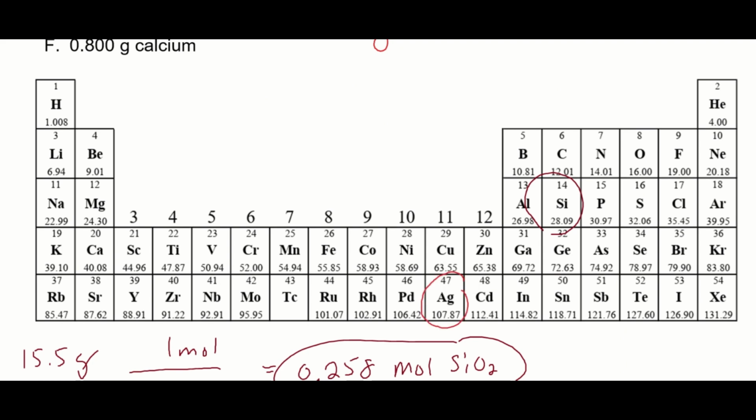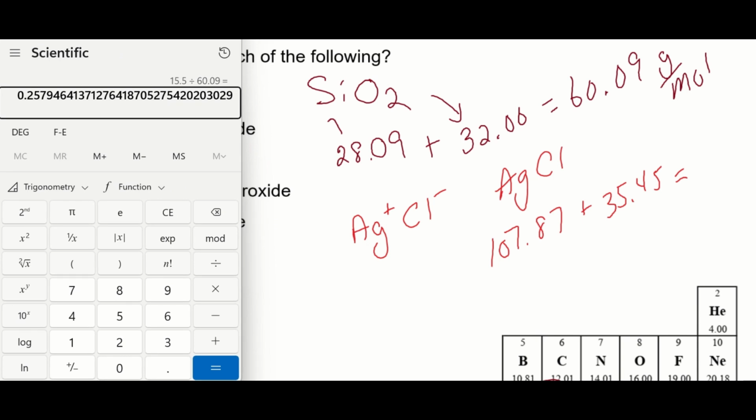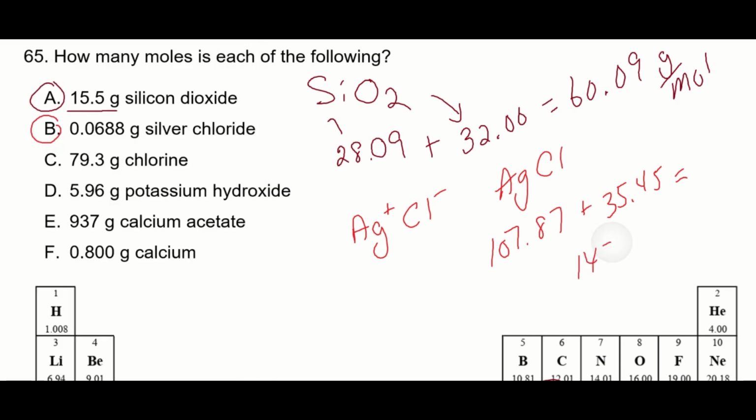Silver is 107.87. And then chlorine is 35.45. So the molar mass for silver chloride is 143.32.